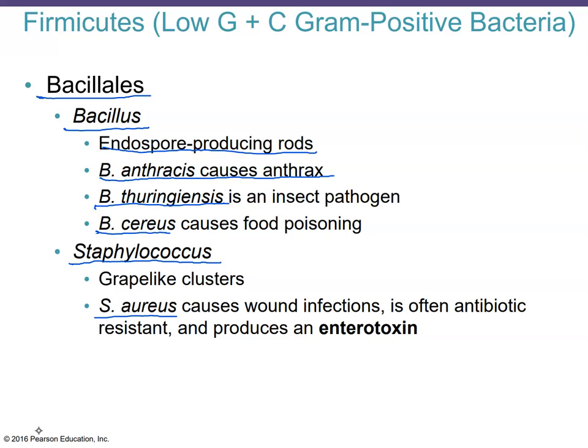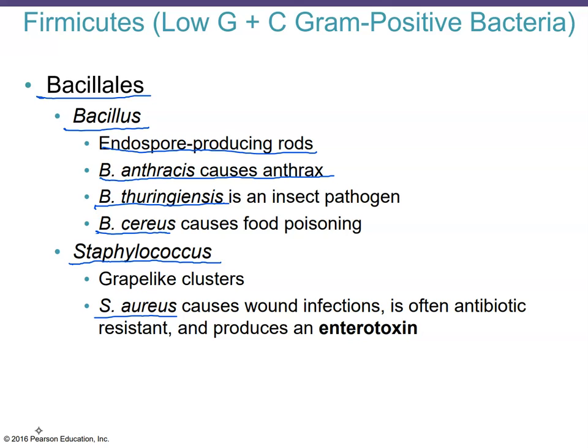And that one is usually pretty harmless, but there are certain strains of Staph aureus that can cause really bad infections, and so wound infections, childbed fever. A lot of times Staph aureus, because it's so common and has been exposed to many antibiotics for treatment, is often antibiotic resistant, and you may have heard of MRSA, methicillin resistant Staphylococcus aureus, and that's definitely something to watch out for.